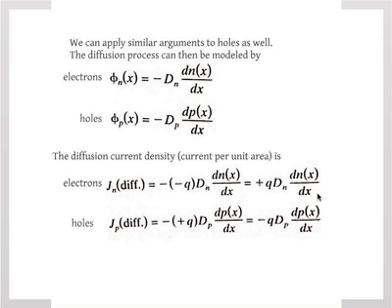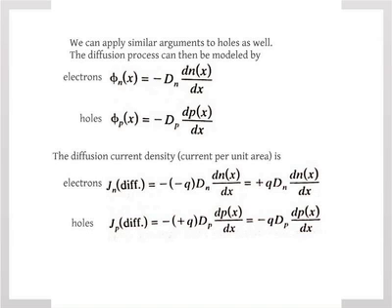So again, just to review, if you recall, the drift current was q, electric field, and the mobility, right? Let me just summarize this because it's a very important point.